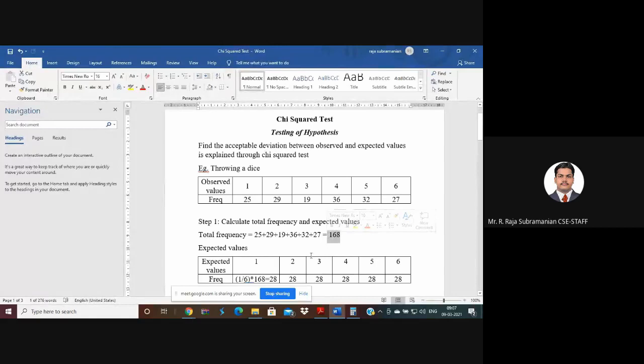From this 168, I say that each thing has to be obtained with a probability of 1 by 6. So 1 by 6 times 168, 1 will appear. 1 by 6 times 168, 2 will appear. 1 by 6 times 168, 5 will appear, and so on. So everything is uniformly randomly distributed. So I get this as an expectation that every number will turn up 28 times as my expected value.